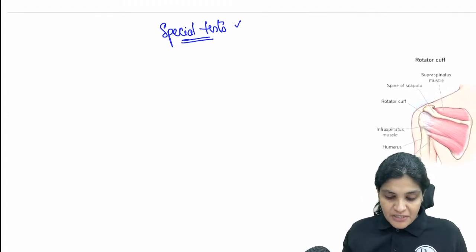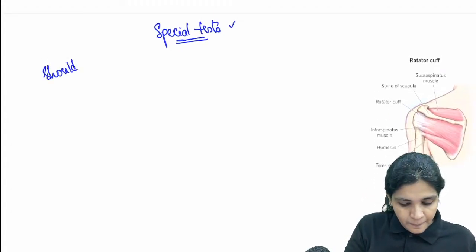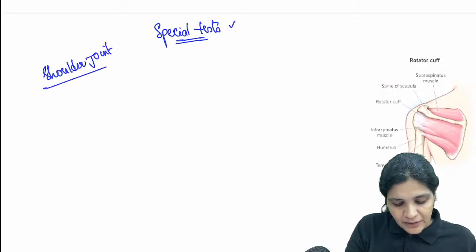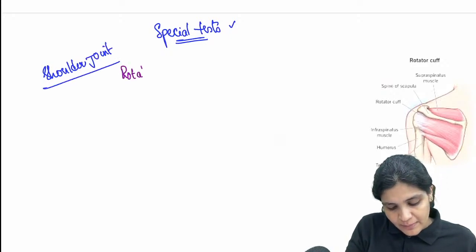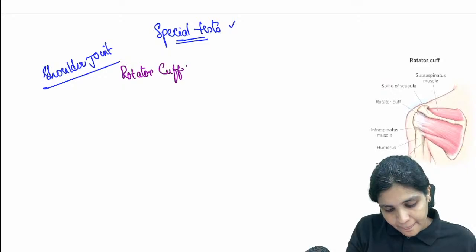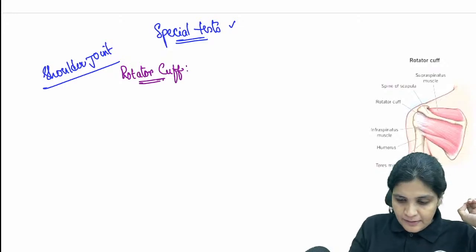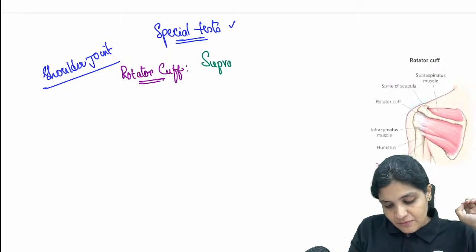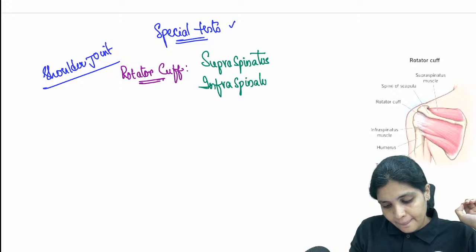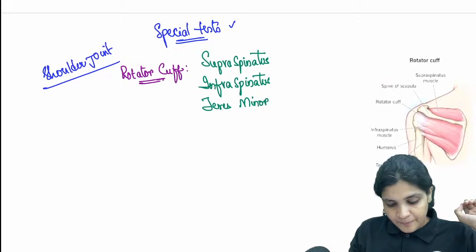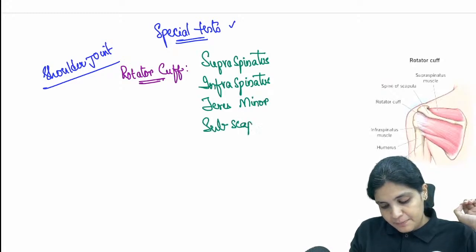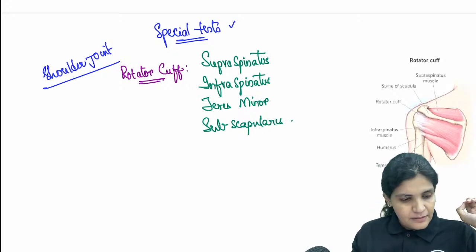Then coming to the special tests in case of the shoulder joint, before that you have to learn about the rotator cuff. So what are the muscles of the rotator cuff? The first one is the supraspinatus, infraspinatus, the teres minor, and the subscapularis, right?